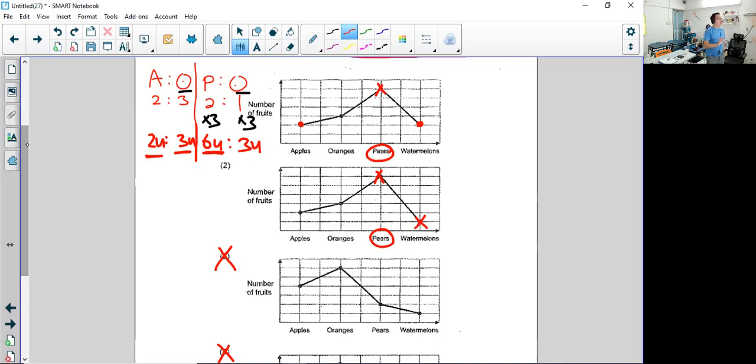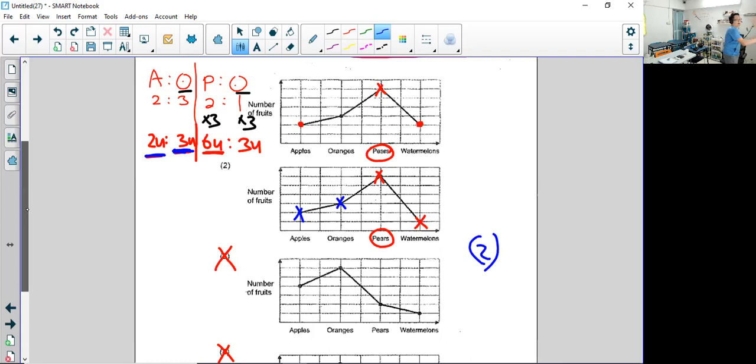And if you compare the apples and the oranges, the oranges is 3 units and the apples is 2 units. So there are more oranges than apples. So which is the correct graph? The correct graph has to be number 2, and that is the correct representation.